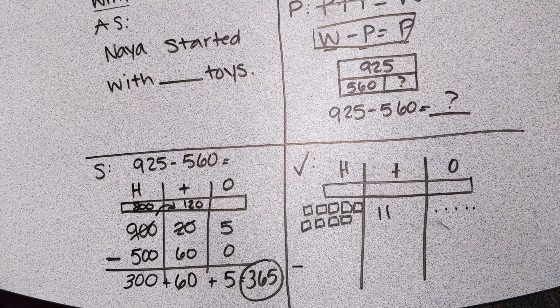Now I'm simply just going to X out how much I'm subtracting. So starting in my ones, I'm subtracting 0. So I just count how much I have, which is still 5. In my tens, I'm subtracting 60, but I don't have that. So I'm going to regroup this 100 to bring it over here.